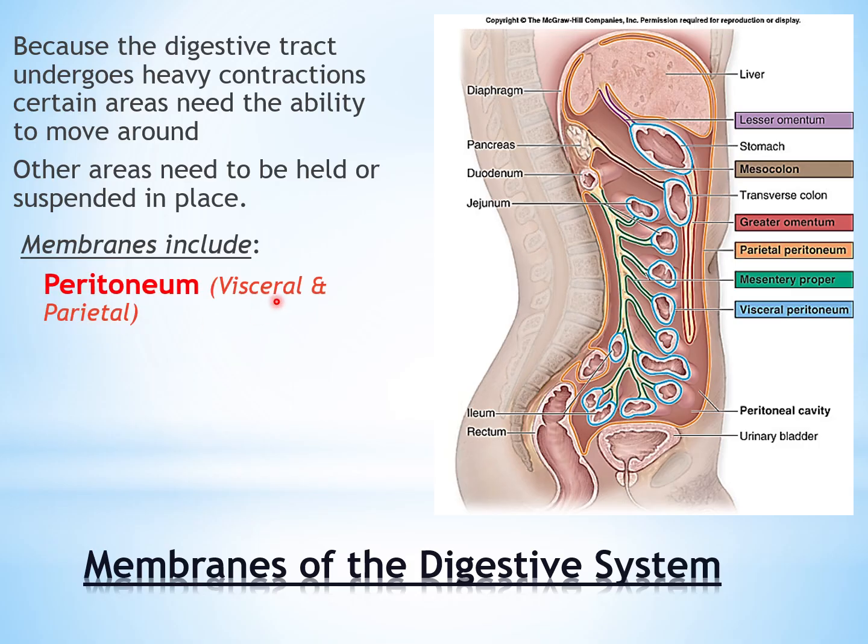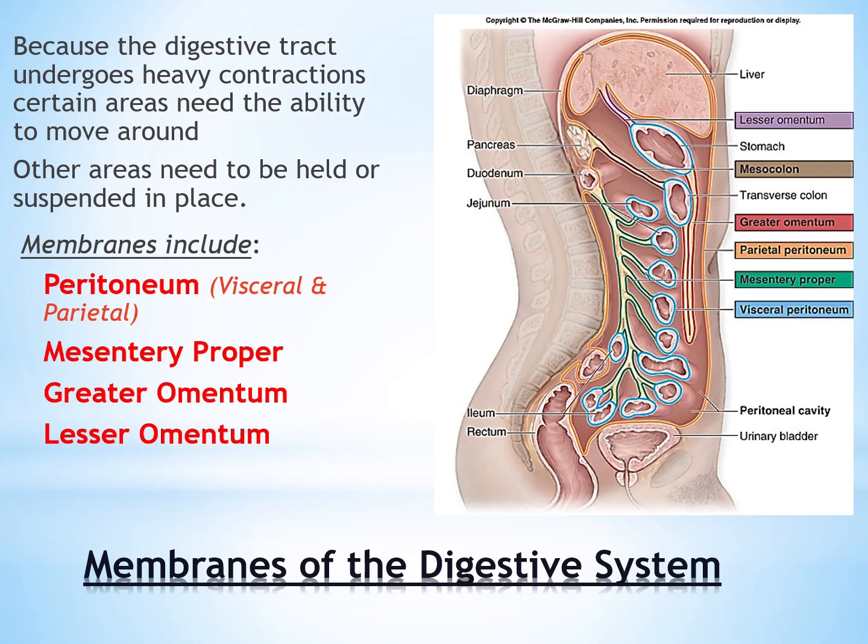Certainly, we have the outer membrane, the peritoneal membrane that lines the inner surface of the body wall. You have the mesentery proper. This is what you would see if you were doing a dissection of a cat or a frog, and you see that sort of lacy-like membrane. That's what we call the mesentery proper.